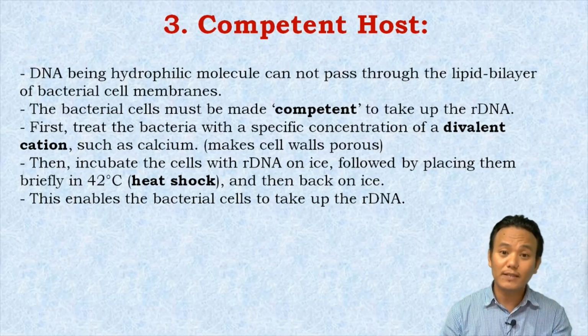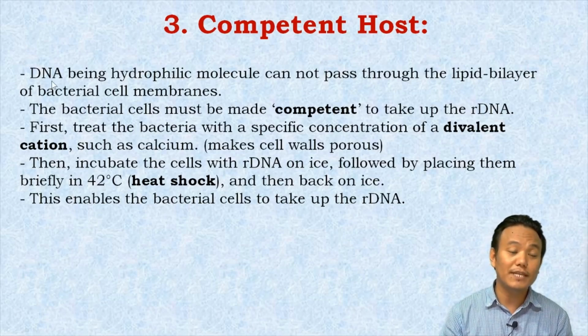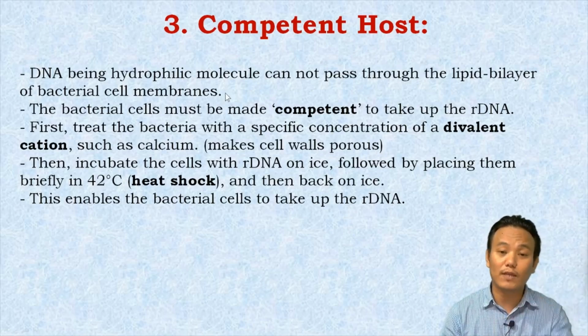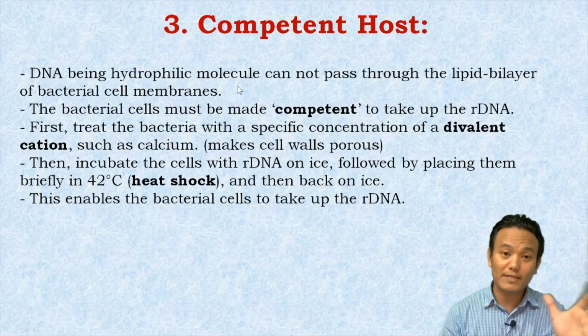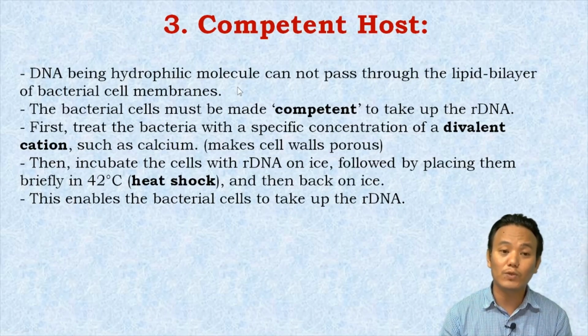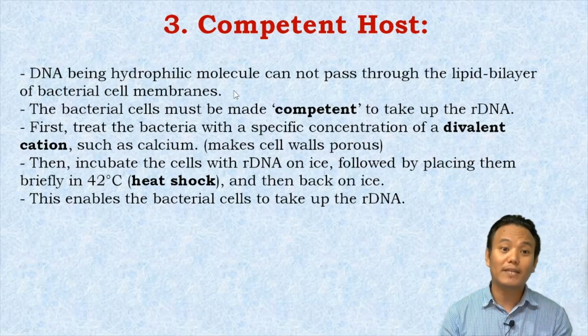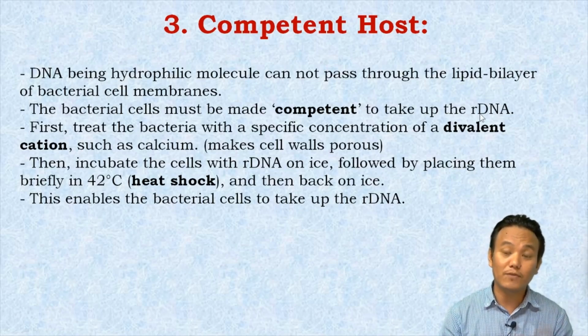Now the bacterial cells do not readily take in recombinant DNA. Why? Because DNA being a hydrophilic molecule cannot easily pass through the lipid bilayer of bacterial cell membranes. And over that, the bacterial cell also has a cell wall. Therefore, the bacterial cells are not competent hosts. We should make the bacterial cells competent to take up the recombinant DNA.